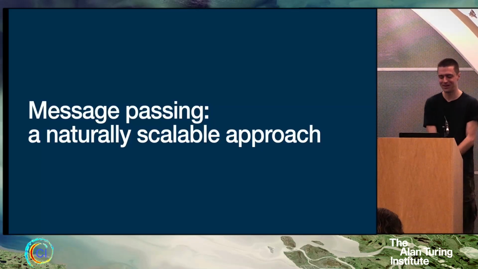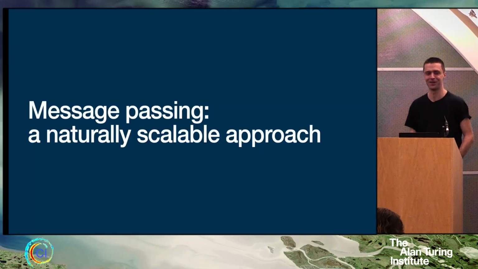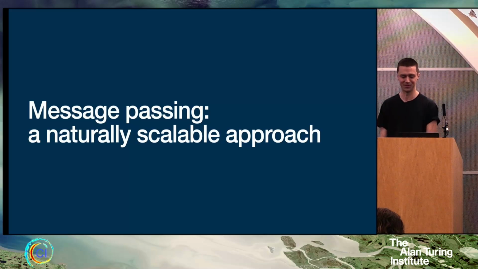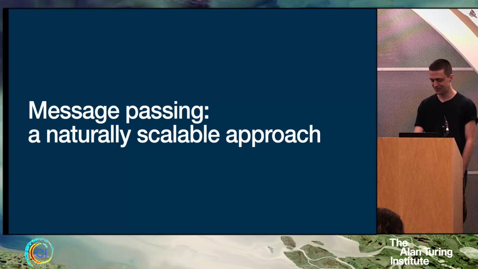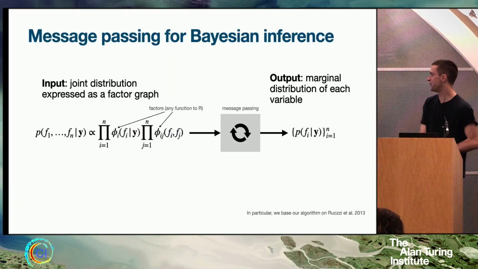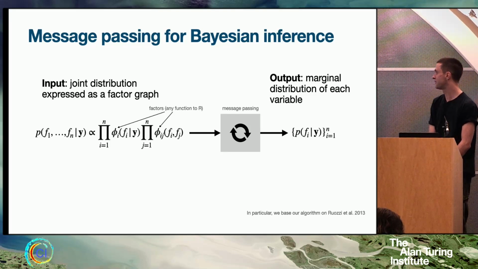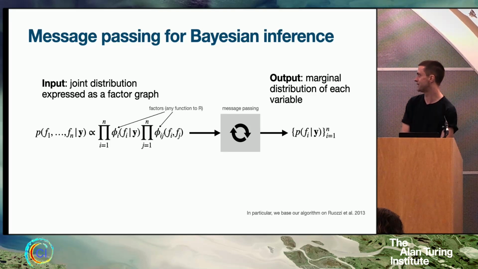Okay, so we've been trying to solve this problem with message passing. The convenient thing about message passing is that it is a naturally scalable algorithm, so it doesn't suffer from this synchronization problem to the same extent. So what is message passing? Well, message passing is a big family of algorithms, but we're particularly interested in the ones that you can use for doing Bayesian inference.